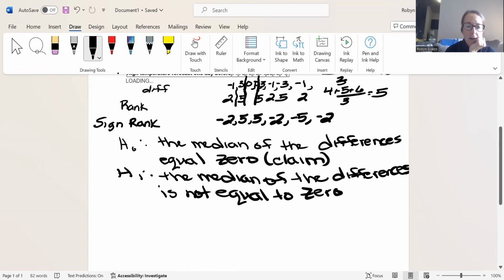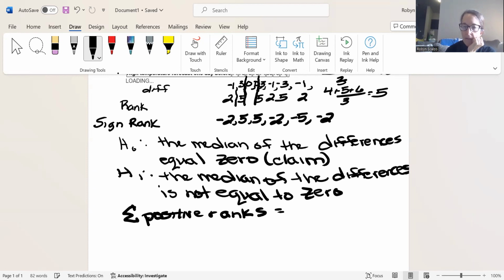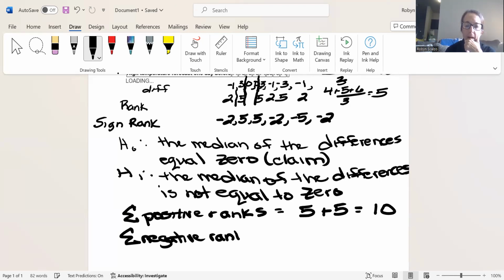So I'm going to do the sum of the positive ranks. All that means is I look at which ones are positive. I just have a 5 + 5, so the sum of the positives is 10. The sum of the negative ranks is going to be the other values.